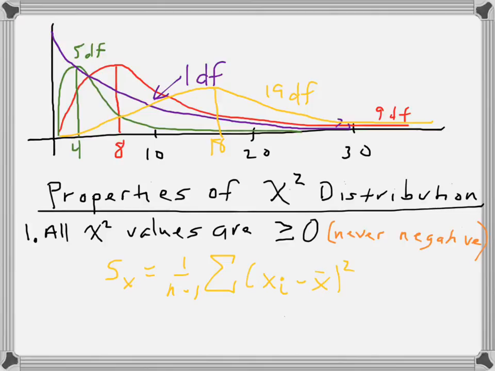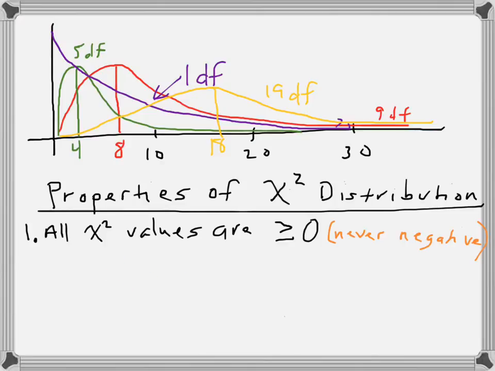So we took every particular value, subtracted it from the mean, squared it, and then found the next value, subtracted it from the mean, squared it, and added it to the next value. So the idea was that it's the square there that always makes it positive. Same idea, the chi-squared values are always going to be positive themselves.